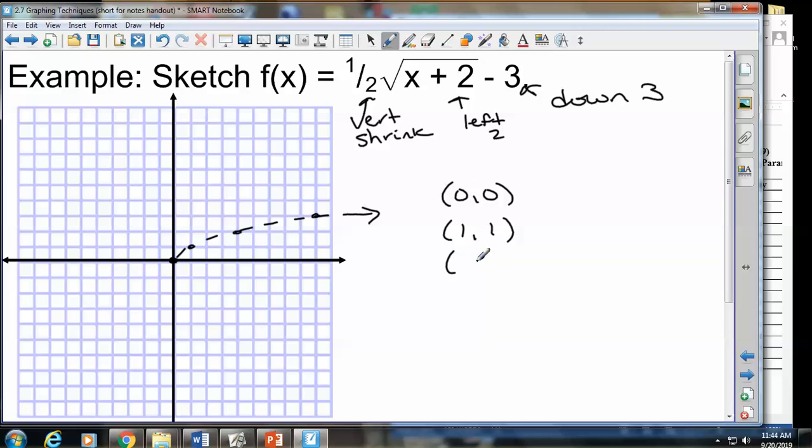Not required, but it can't hurt anything. The first thing you need to do is this vertical shrink. Vertical changes y and it does what we think. So if I multiply my y by 1/2, that one doesn't go anywhere. Then I move the point left and down.